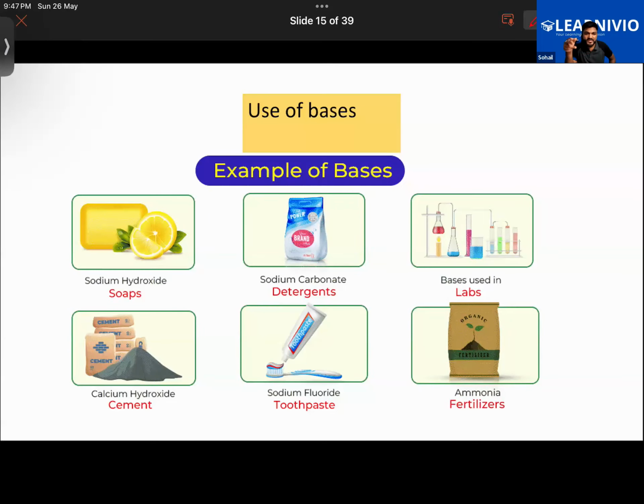So this is also a neutralization reaction. Sir, if there is a fire, you put water on the fire, then it neutralizes it.